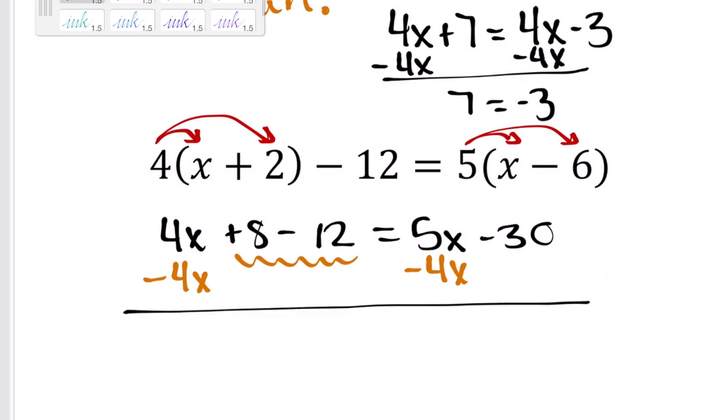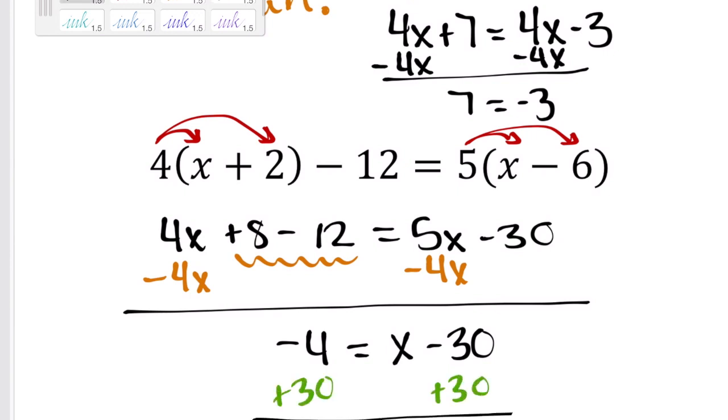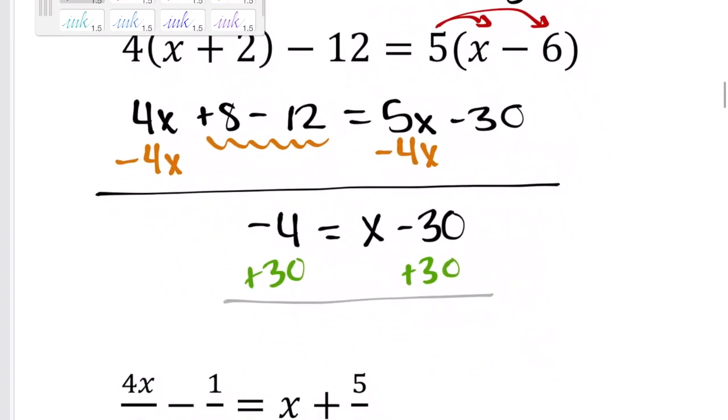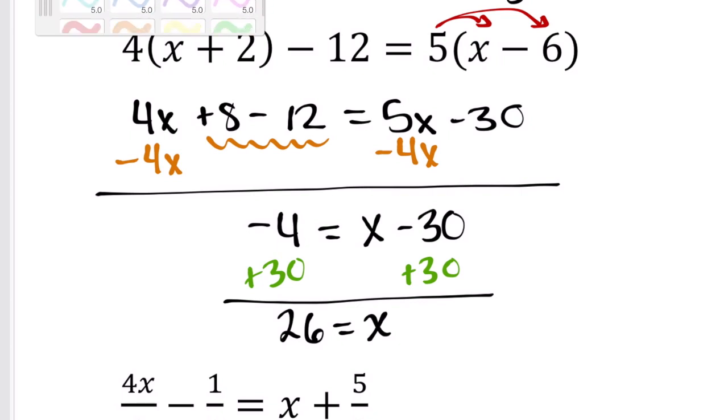So we end up with negative 4 and just x. 5 minus 4 gives us 1. And I want to get my x alone, so I have a minus 30 with it. I'm going to add that 30 to both sides. Negative 4 plus the 30 is going to give us 26. And so my x is equal to 26.